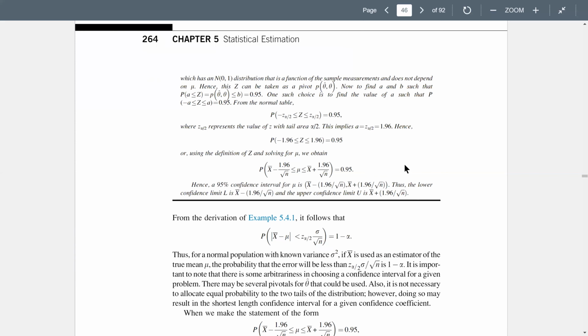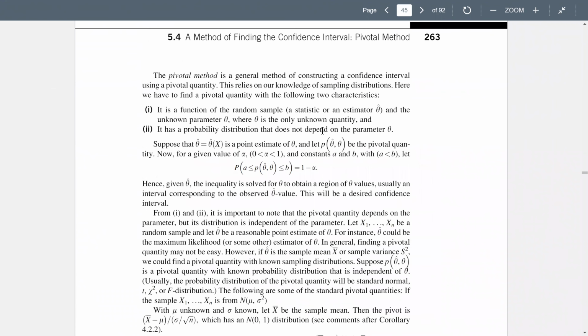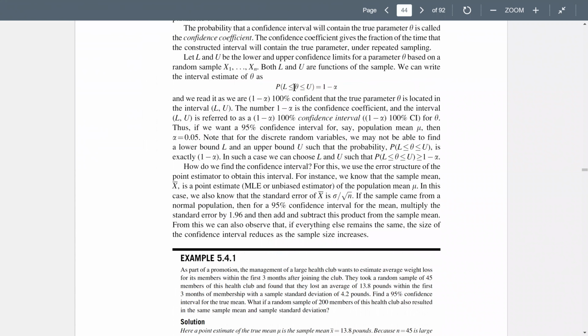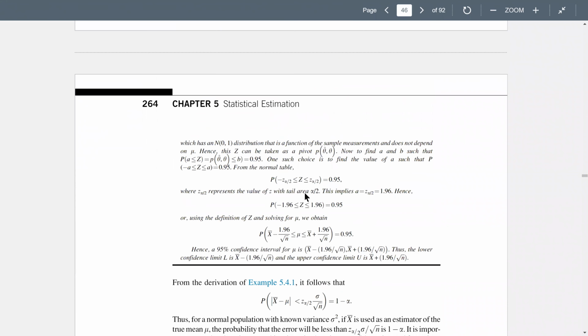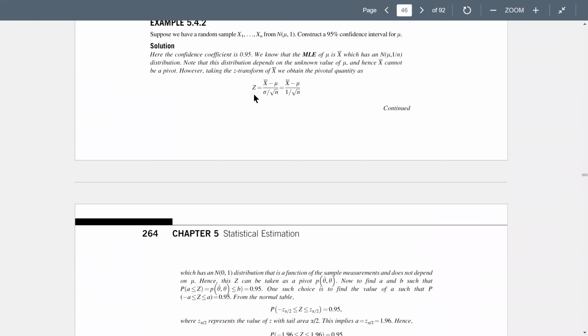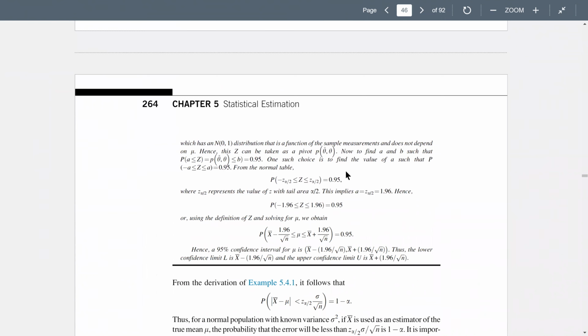All right, so that's the upper bound and lower bound. Given this formula here, z is a parameter. You plug in that z parameter here, and it is equal to 1 minus alpha. Alpha is 0.05 in this case.